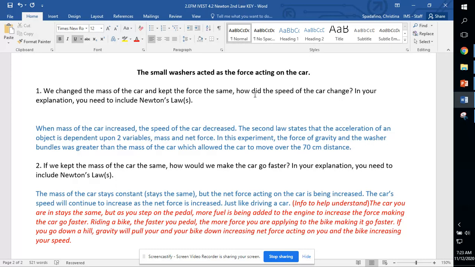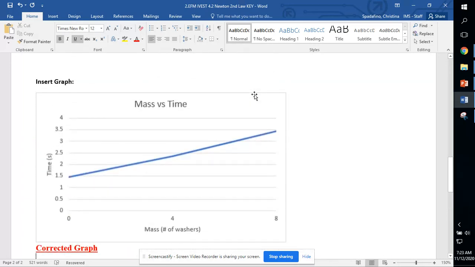Can they travel at the same speed? Yes, they can. But the car with more mass is going to need more force applied in order to travel at the same speed as the car with less mass. So if we wanted our little car to travel the same time every time, we would have to increase force.